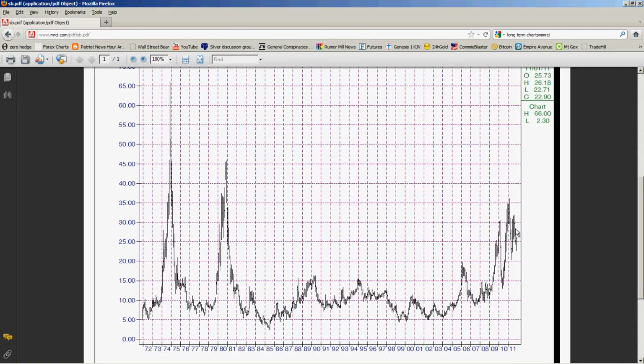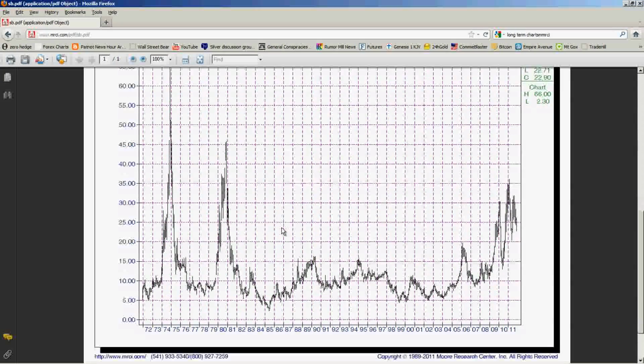But what we're starting to see now is kind of a higher base building. This is not a spike and crash. This base has been building for the last 4 or 5 years. So I don't think we're going to go back down like we did last time. And really, there's no reason we should.